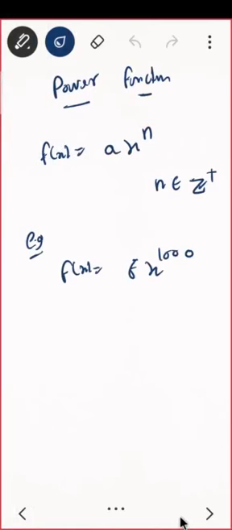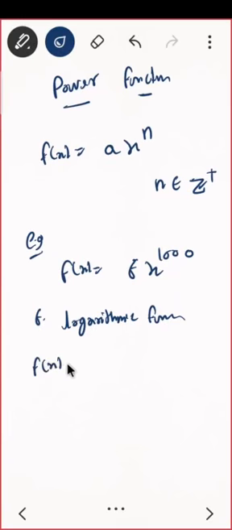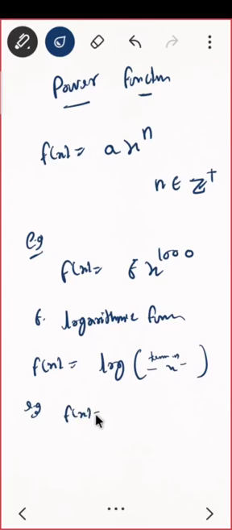I'll write here, the sixth: logarithmic function, where the function is log of some terms in x, say x square. For example, f of x equal to log x is a logarithmic function, and next f of x equal to log of 2x plus 1 is also a logarithmic function, correct?